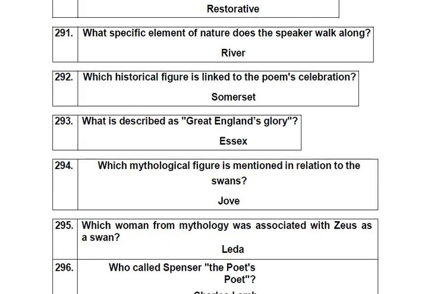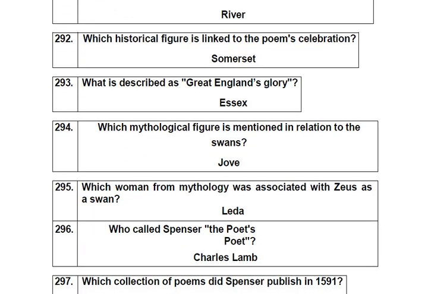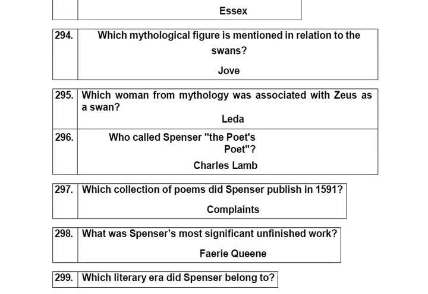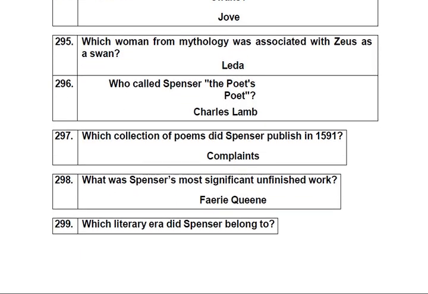Which historical figure is linked to the poem's celebration? Somerset. What is described as Great England's glory? Essex. Which mythological figure is mentioned in relation to the swans? Jove. Which woman from mythology was associated with Zeus as a swan? Leda.